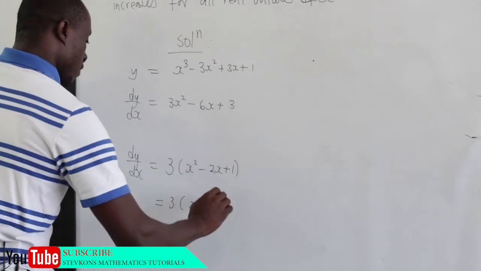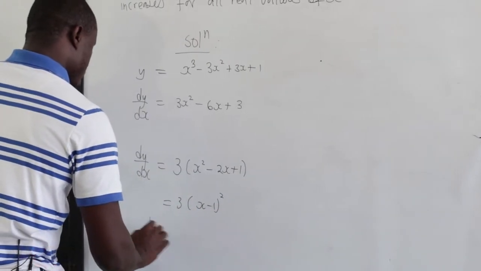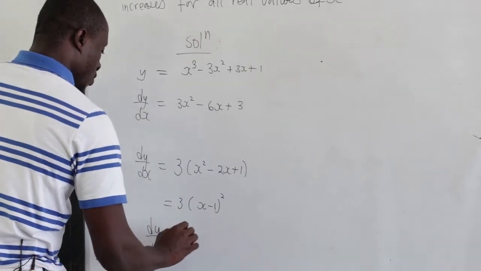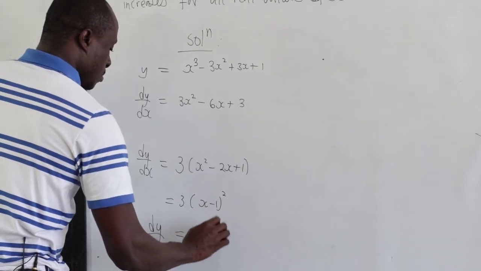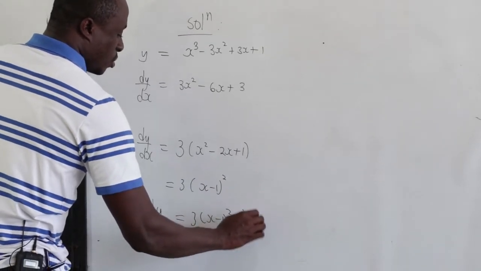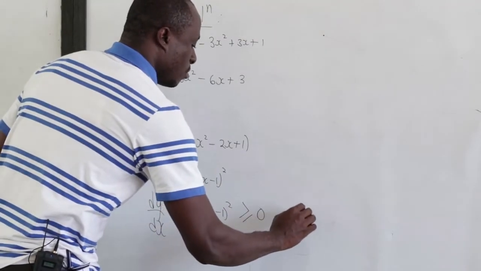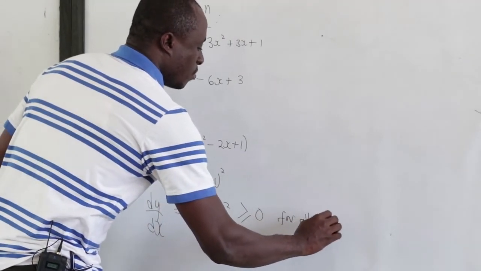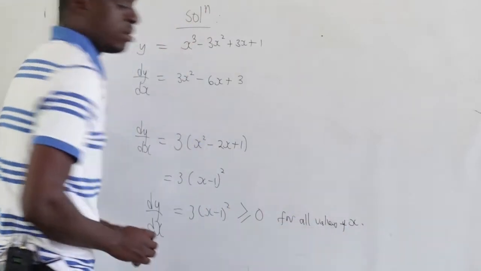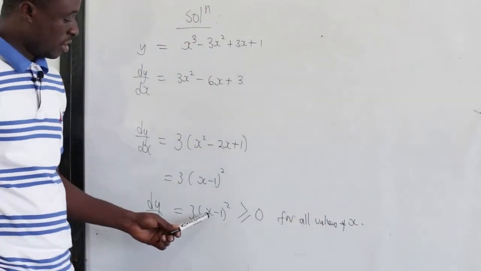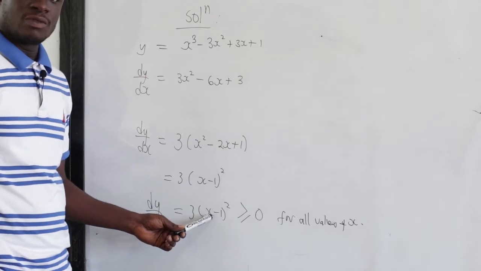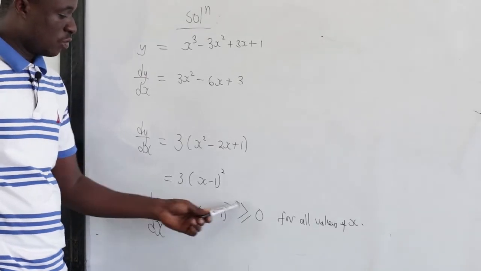So we know that dy/dx, which is equal to this, is greater or equal to 0 for all values of x. So if we choose even negative values, this will be greater or equal to 0.